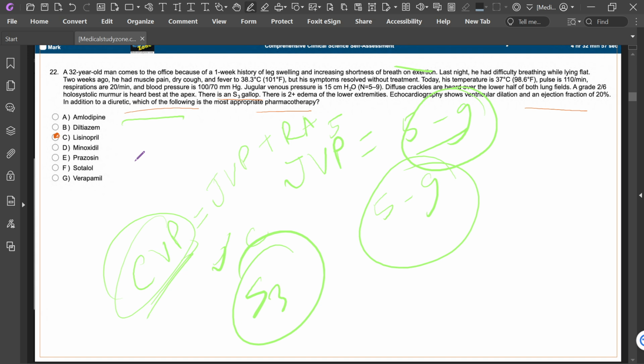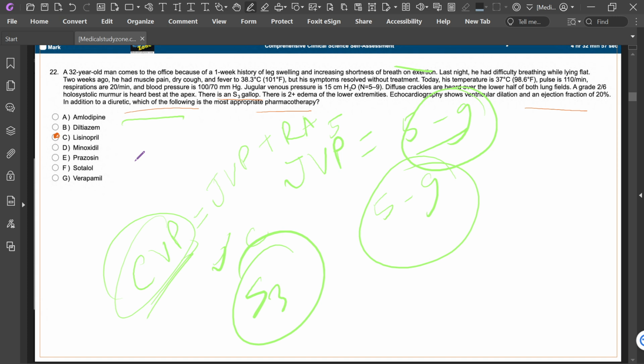Treatment involves management of the underlying cause and associated conditions, hypertension, hyperlipidemia, diabetes, arrhythmia, as well as appropriate pharmacotherapy. The goals of pharmacotherapy are to improve symptoms, preserve myocardial function, and reduce mortality.